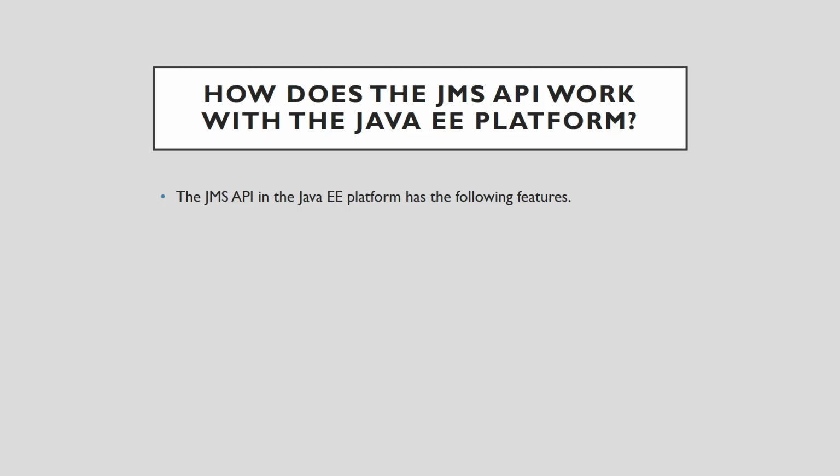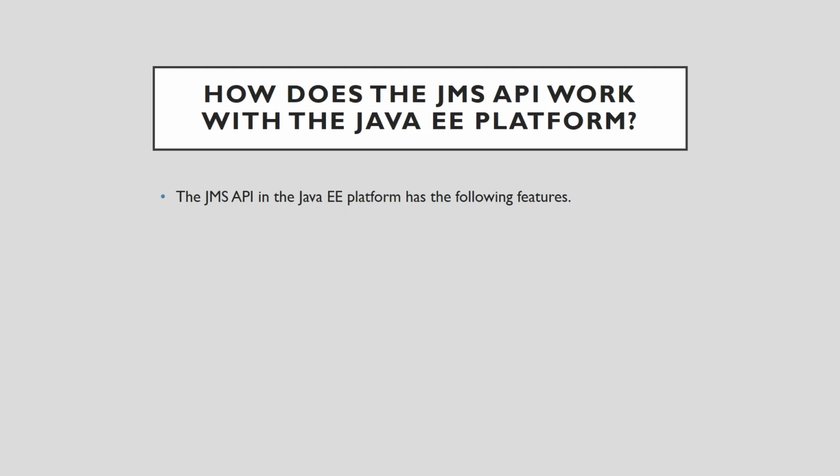Since that time, many vendors have adopted and implemented the JMS API, so a JMS product can now provide a complete messaging capability for an enterprise. Beginning with the 1.3 release of the Java EE platform, the Java Message Service API has been an integral part of the platform, and application developers have been able to use messaging with Java EE components.